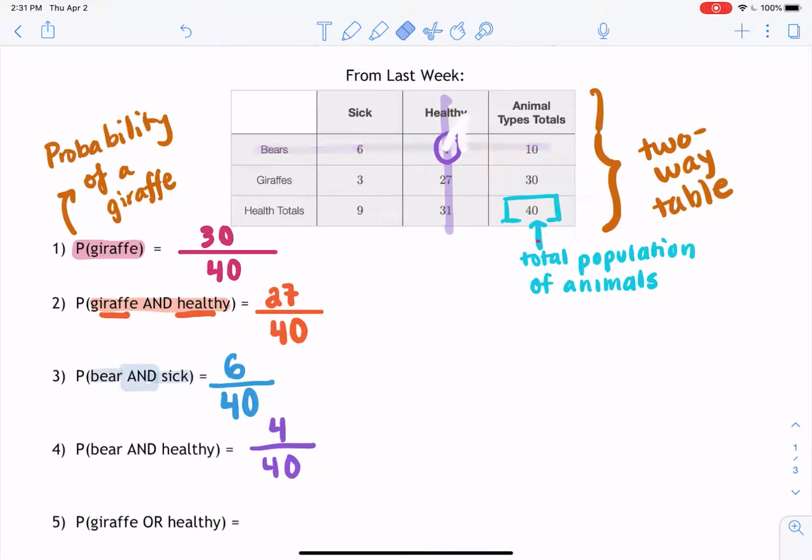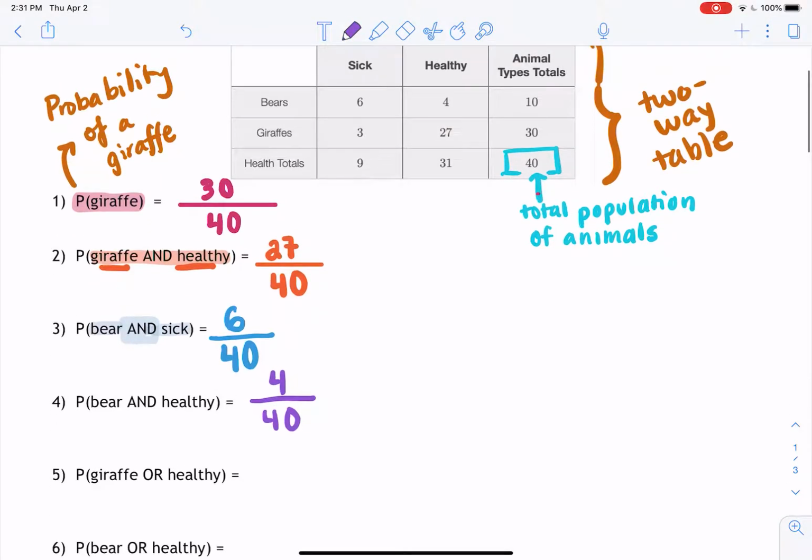So last week we were getting pretty good at that, and then we also saw the word, different color, or. So this is another keyword, and this one's a little bit tougher to do. For giraffe or healthy, we need the animal that we're looking at to fit in one of these categories or both.